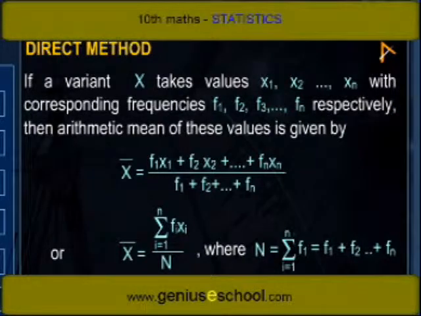Then the arithmetic mean of these values is given by x bar is equal to f1 x1 plus f2 x2 plus so on to plus fn xn upon f1 plus f2 plus so on to plus fn, or x bar is equal to summation i is equal to 1 to n fi xi upon n, where n is equal to summation i is 1 to n fi, which is f1 plus f2 so on to plus fn.